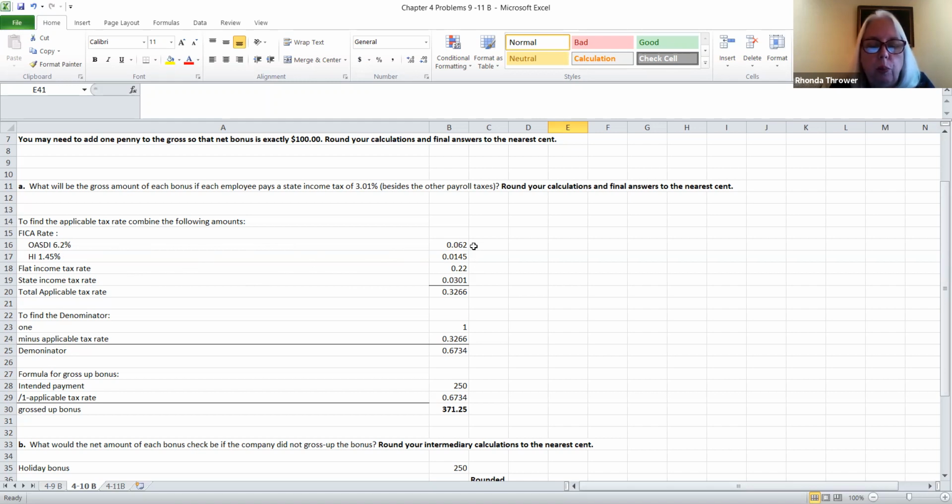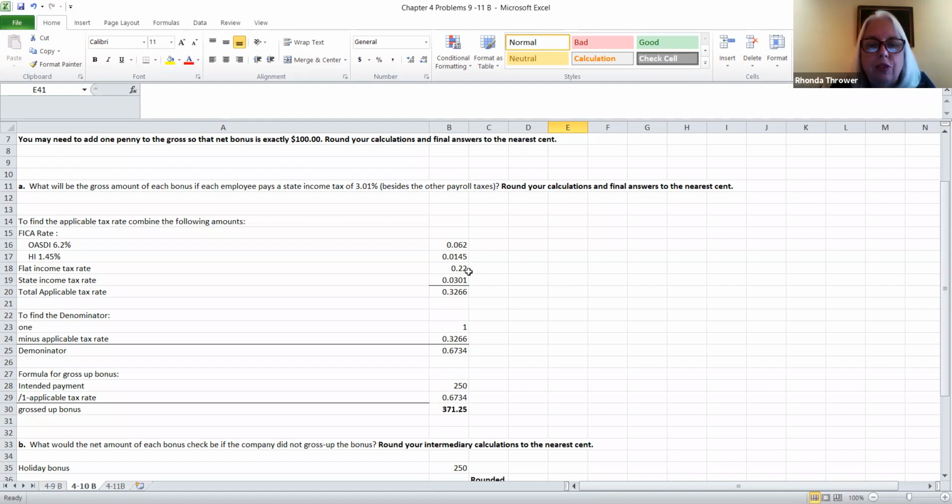OASDI is 6.2%, HI is 1.45%. The income tax is a flat income tax rate of 22%. They told you that in the instructions to use that. The state income tax, they also told you in the instructions, was 3.01%.